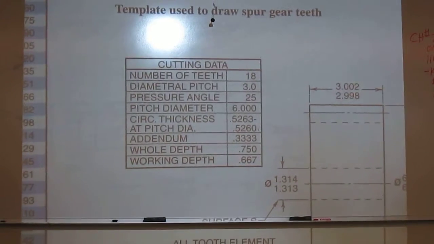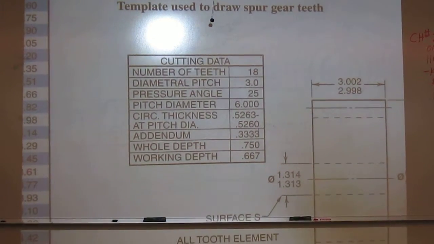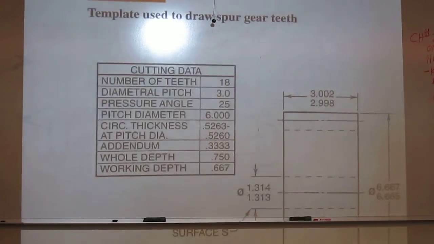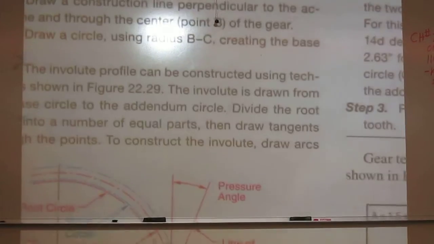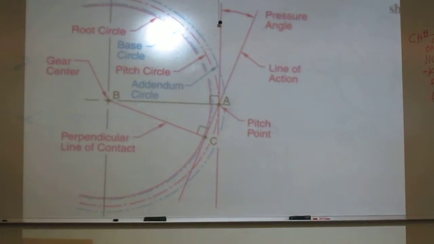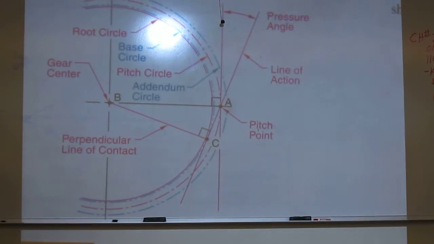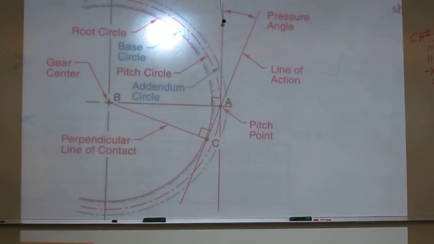If you turn to page 118, this might be your best one for definitions here. So figure 2228 has your main circles, all the ones we just talked about.